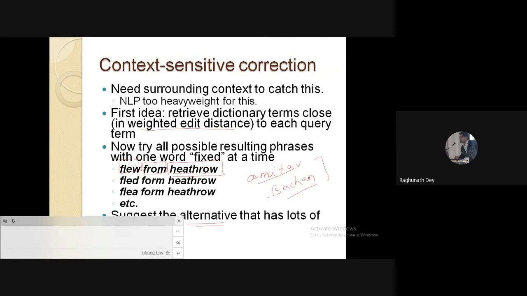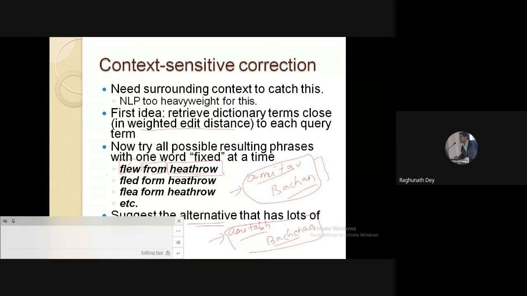That means which particular phrase, that is AMITABH BACHCHAN, it will suggest this correct term. How does it know? Because it finds that the number of people who wrote this term is very low, whereas the number of people who wrote this is very high. The number of hits of this particular term is much larger compared to this one.